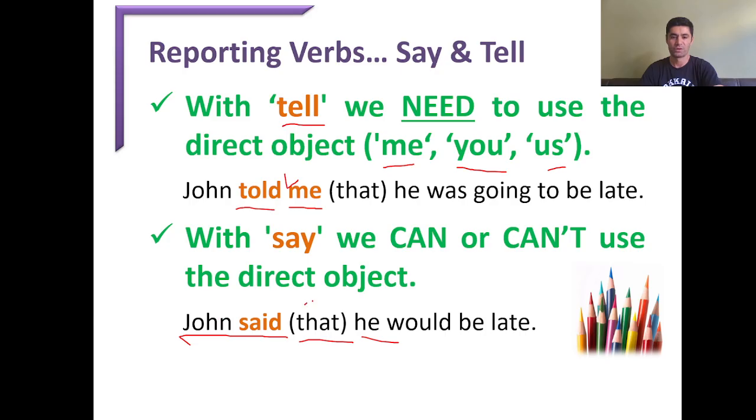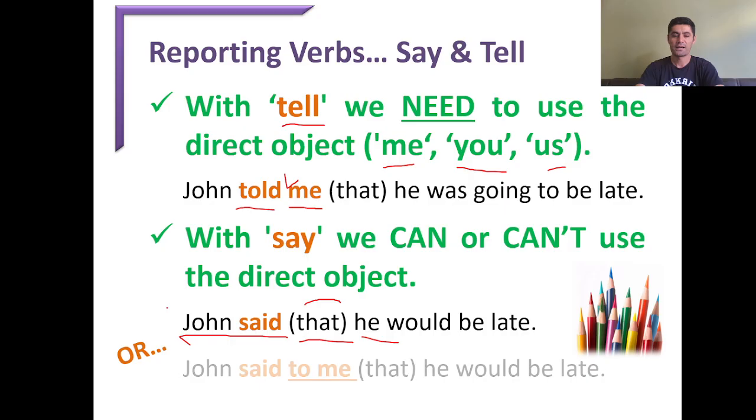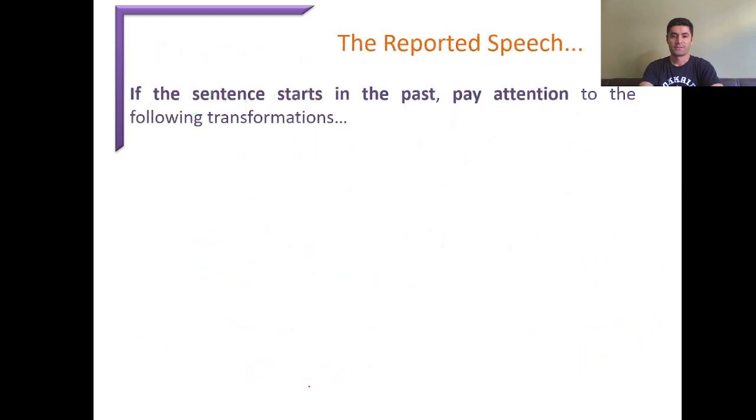And there is no object here after said, right? But when we use the object, for example, me, you use to as well. John said to me that he would be late. Which means you can't say John said me. This is wrong. Understand? Let's move on.